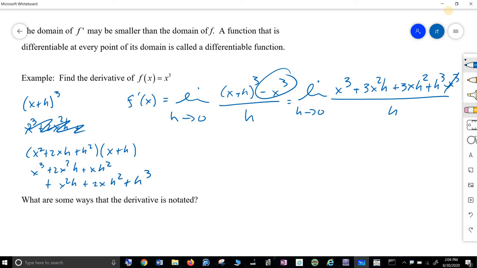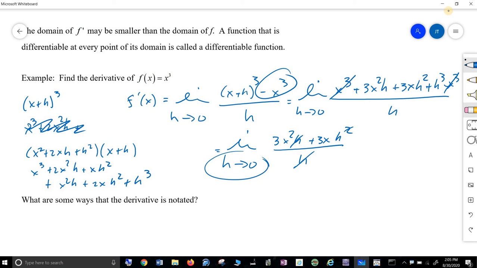Minus x to the third cancels. Get limit as h approaches 0, 3x squared h plus 3xh squared, all over h. Cancel, cancel, cancel. As h goes to 0, this term drops out. 3x squared, which is the other way to show it.